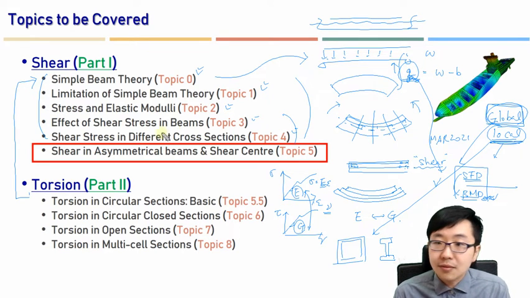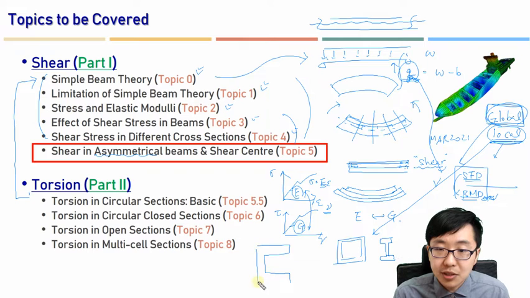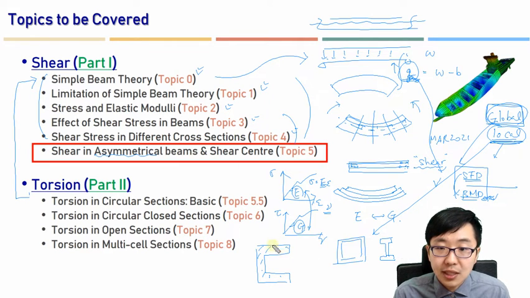But here in topic 5, we will discuss the asymmetrical, this kind of shape will be introduced, because this is the connection between the shear and the torsion. In this case, it will tend to be twisted this way. Okay, and then we need to introduce the shear center concept.